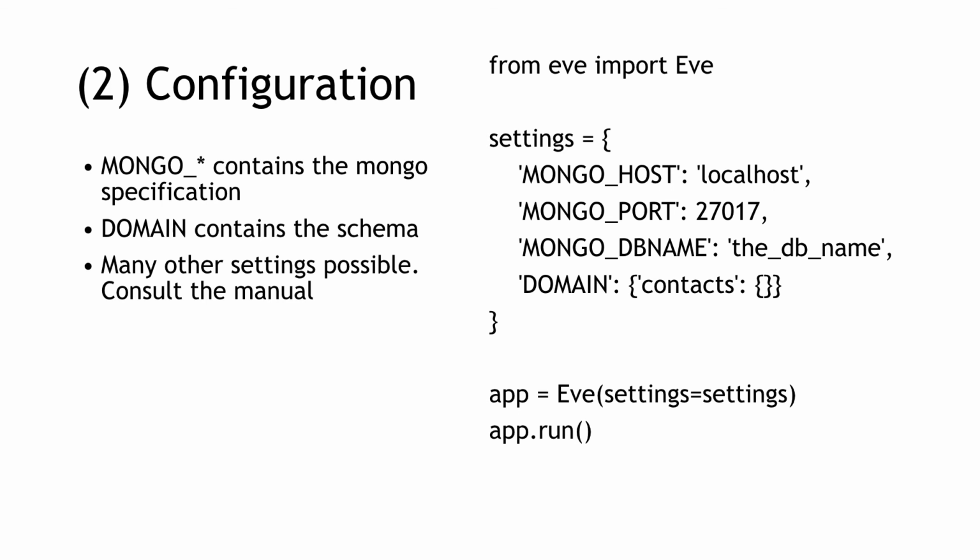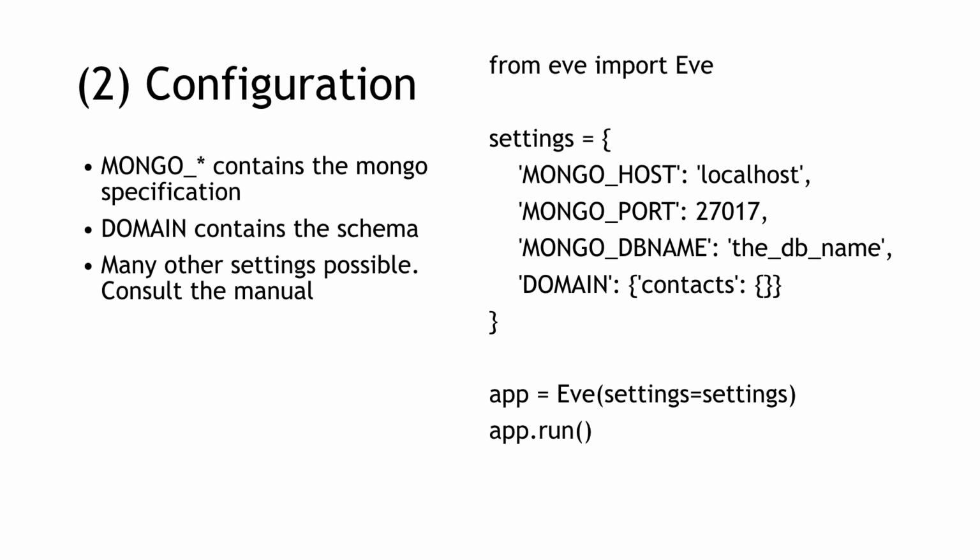And Eve makes that really simple for us because it allows us to specify a configuration file either directly in the directory, then we don't have to specify the settings equals settings activity because it will be automatically read in if it's in the same directory as the run.py program, or we are specifying it simply as a JSON object that we are passing along to the instantiation of the Eve application. So when we then run Eve, it will use these settings while starting up your application in Eve.